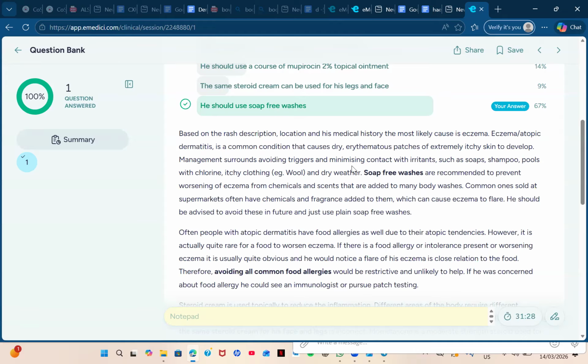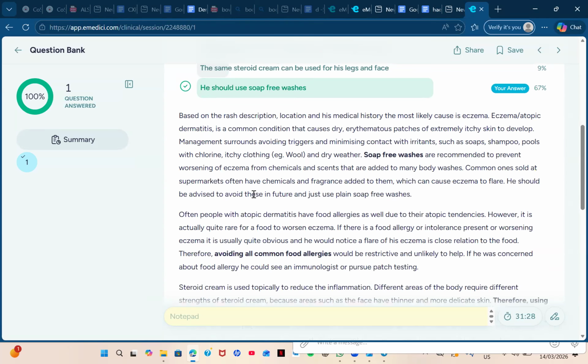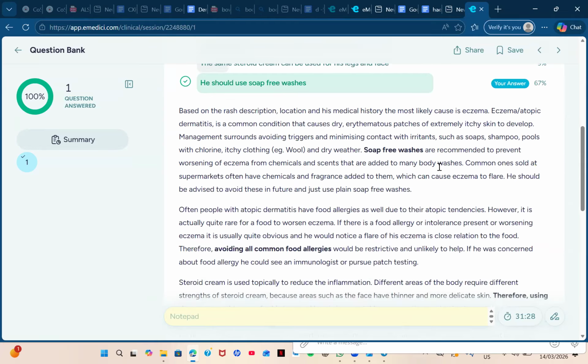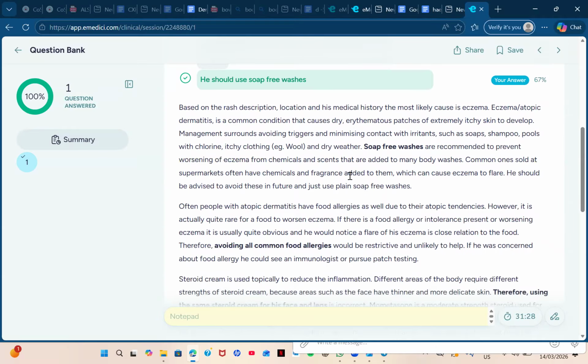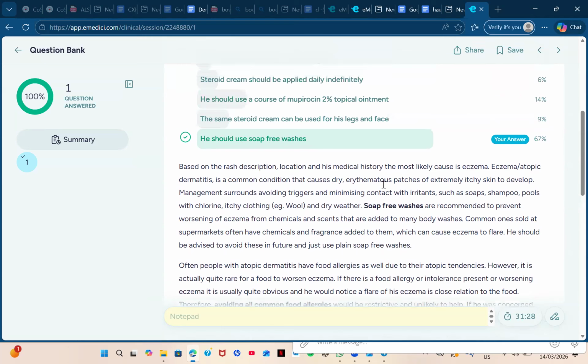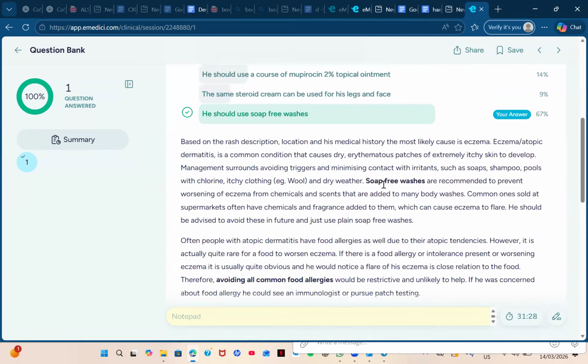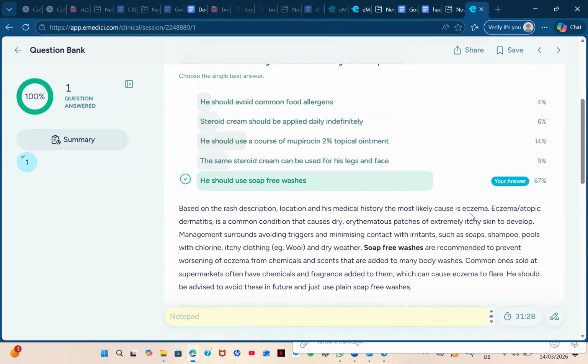Management revolves around avoiding triggers and minimizing contact with irritants such as soap, shampoo, pools with chlorine, itchy clothes like wool and dry weather. Soap-free washes are recommended to prevent worsening eczema from chemicals and scents added to many body washes, right? Please remember these things, okay, doctors?